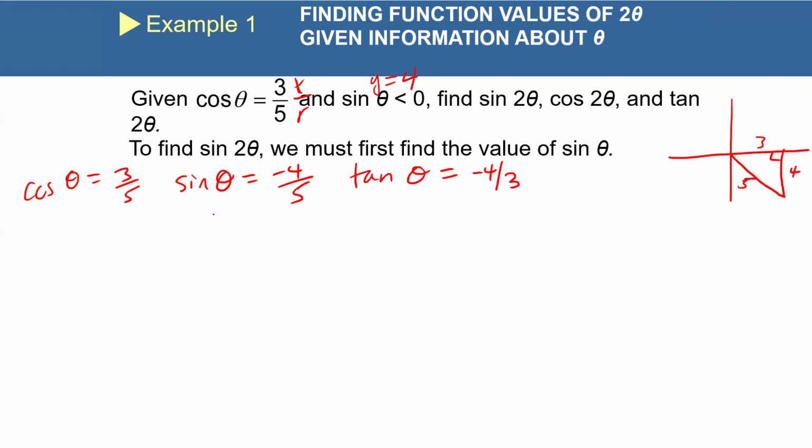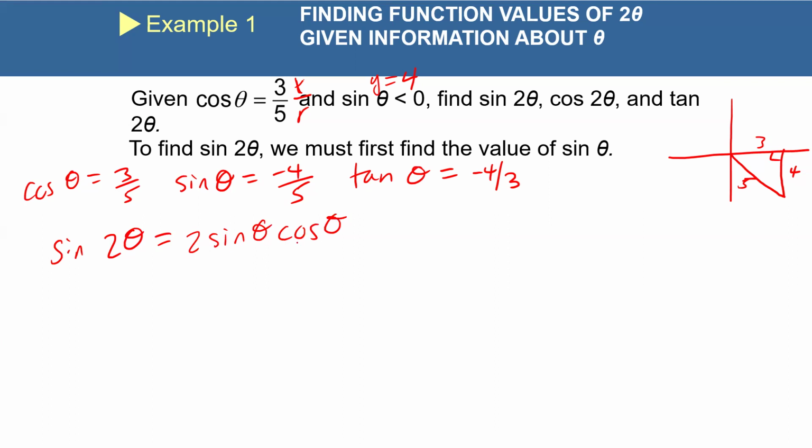All right, so now I have all these values. Can I find sine 2 theta? Yes. What is the identity for sine 2 theta that you just wrote down? Sine 2 theta equals 2 sine theta cosine theta.